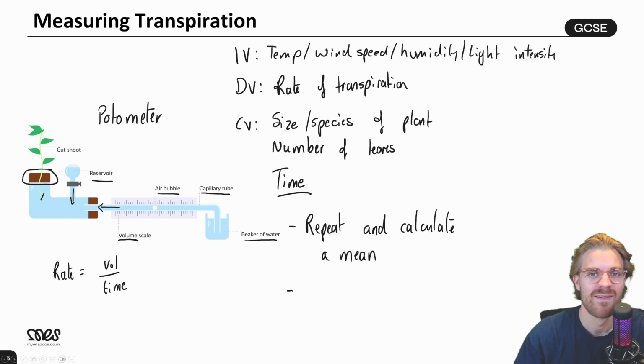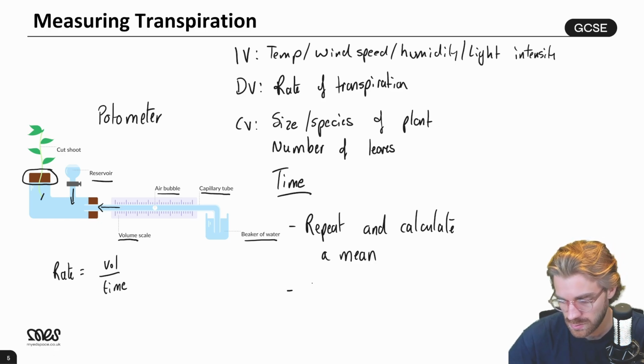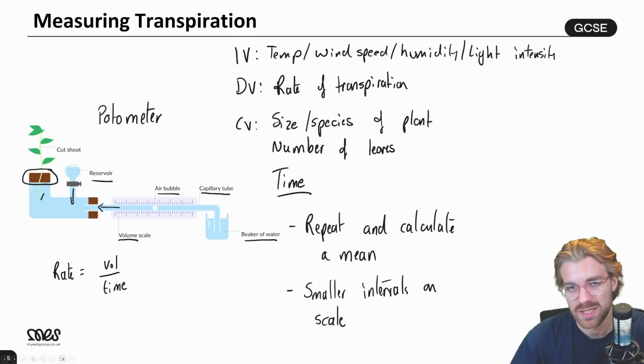And then to improve our accuracy, we'd perhaps want to use smaller divisions on the scale. And that means that we would get closer to our true value.